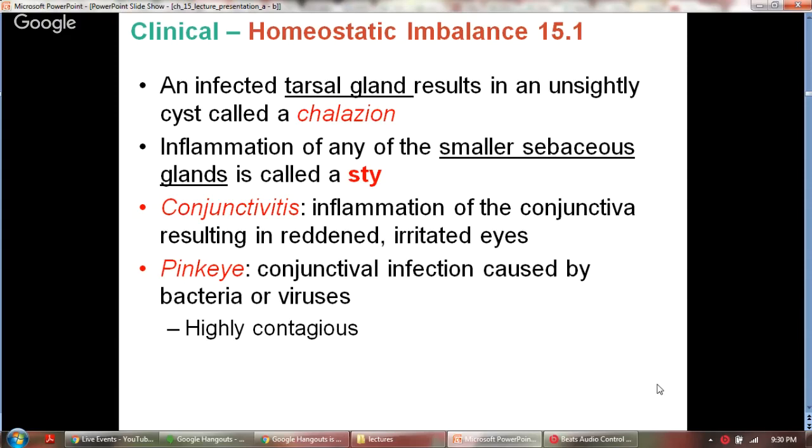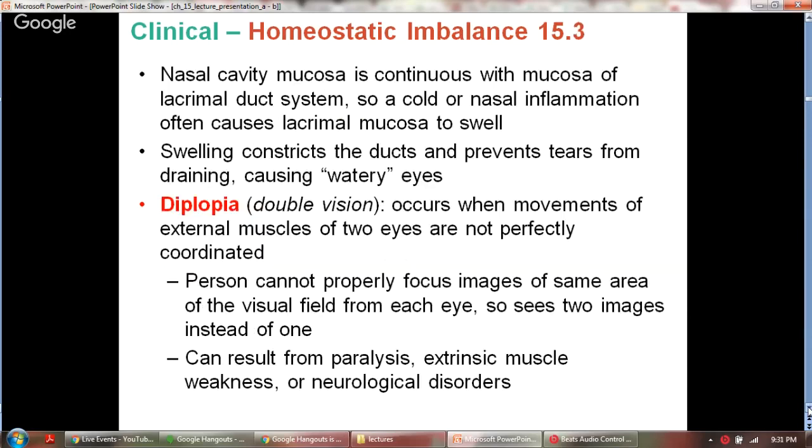And pink eye is also considered a conjunctival infection, which is caused by bacteria or viruses. Therefore, it's highly contagious.